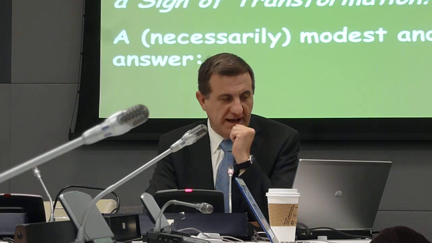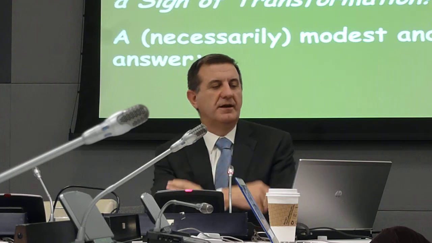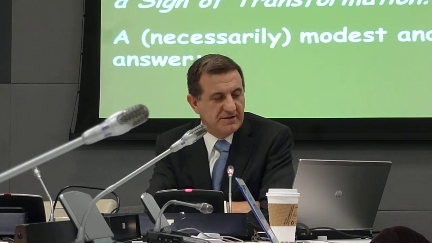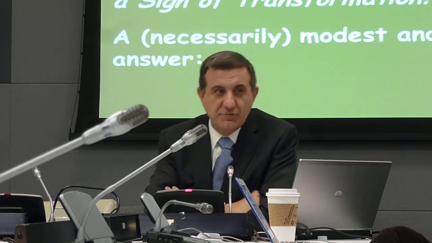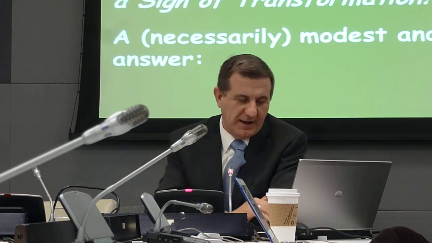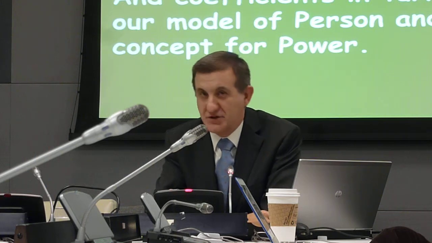Well, Dr. Colasanti raised the question whether or not the decline of power is a growing disease or a sign of transformation. Well, I tried to give an answer with this formal model, and the answer will be that it really depends on the coefficients, and we shall see.